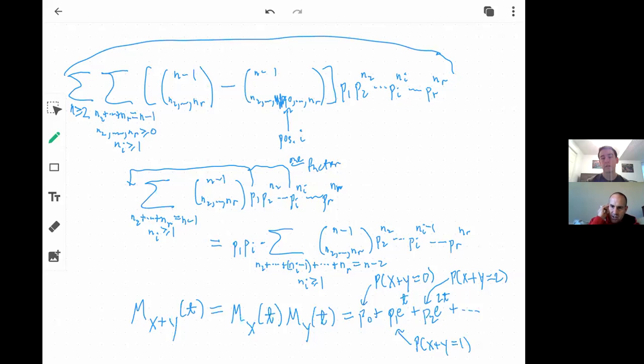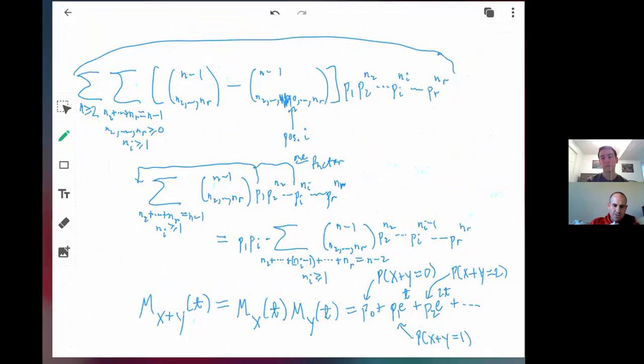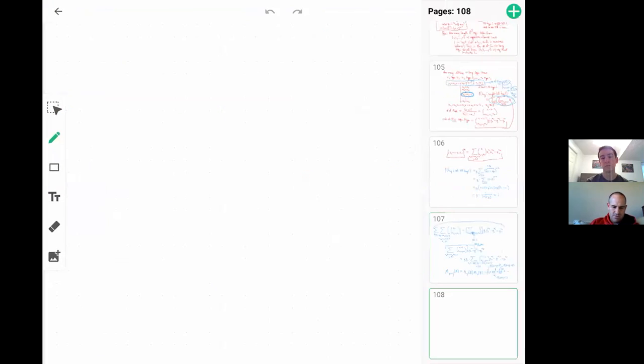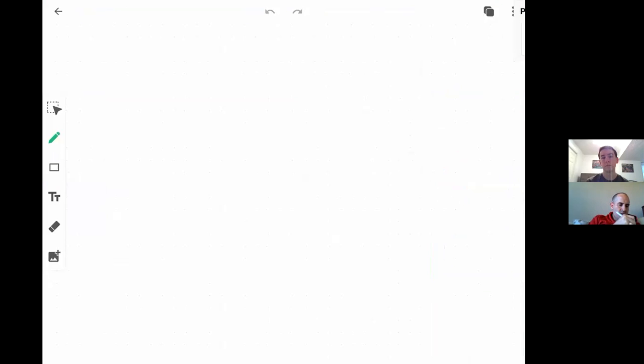So how could I get a handle on these various probabilities? Well, here's a little trick. The moment generating function of x plus y of t, let me just rewrite what I had on the previous screen. Whatever it is, we know what it is, right?